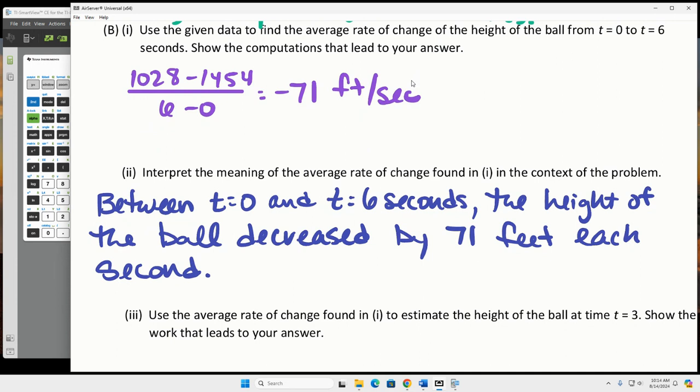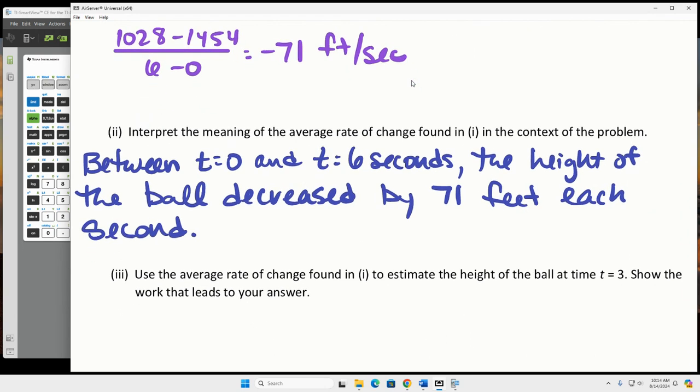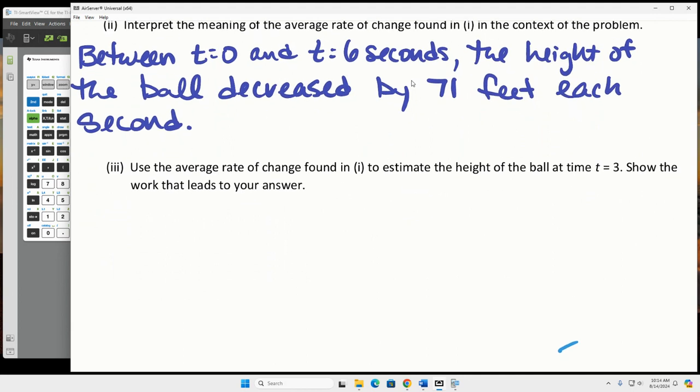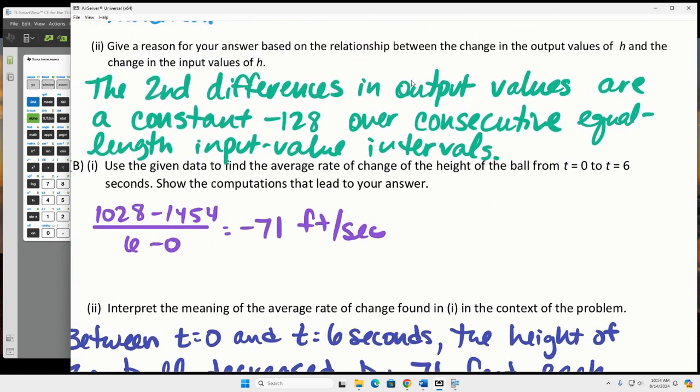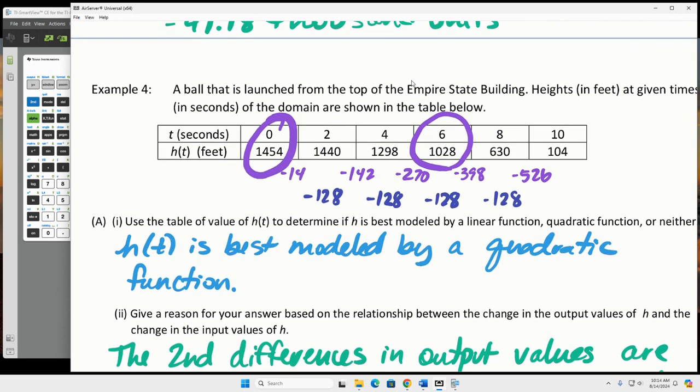All right, any questions on that? Okay, and then the last thing we're going to do is use that average rate of change that we found to estimate the height of the ball at time t equals 3. So again, I would start off with a secant line. You can only use the points we used for the average rate of change.